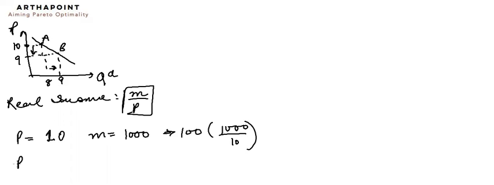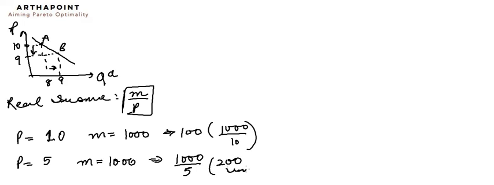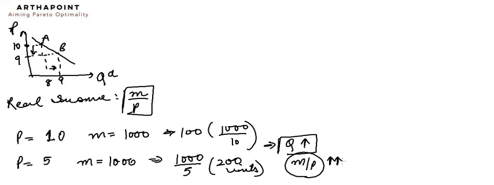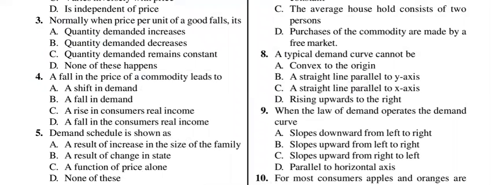Now, when your price decreases to 5 rupees and your income remains constant at 1000, then you will be able to buy 1000 by 5, which is 200 units. So the quantity you buy has increased, or in real terms, your real income has increased. So the answer for this one is C, that there is a rise in consumers' real income. Whenever the price decreases, real income increases. Now let's go ahead to the next question.